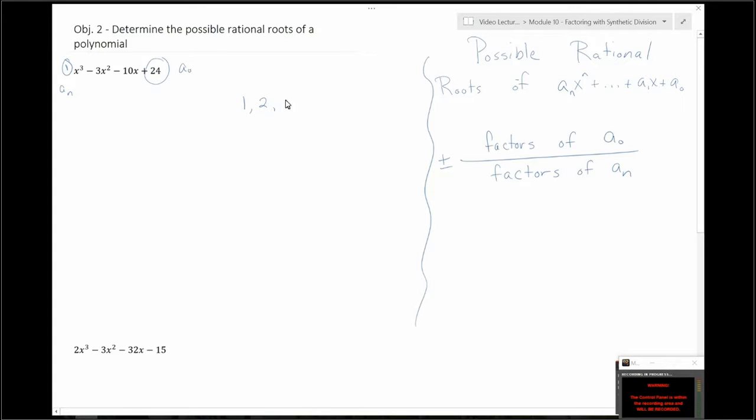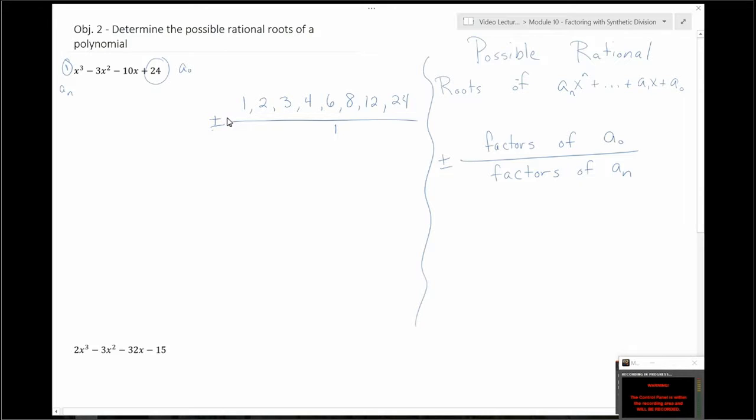1, 2, 3, 4, 6, 8, 12, 24. Right, so 1 times 24, 2 times 12, 3 times 8, 4 times 6. So these are all of the factors of 24 divided by the factors of 1. Well, that's just 1.